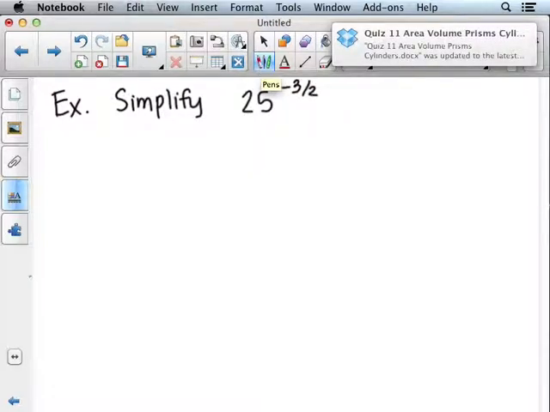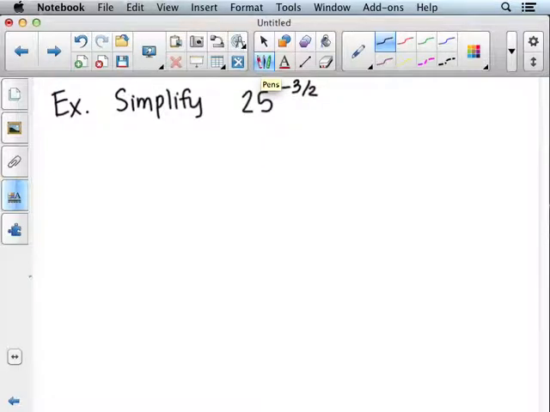First thing I'm going to do is rewrite this with a positive exponent. Remember, our rules of exponents say that if you have a negative exponent, you can make it positive by pushing it to the other side of the division. So I'm going to write this as 1 over 25 to the power of 3 halves.